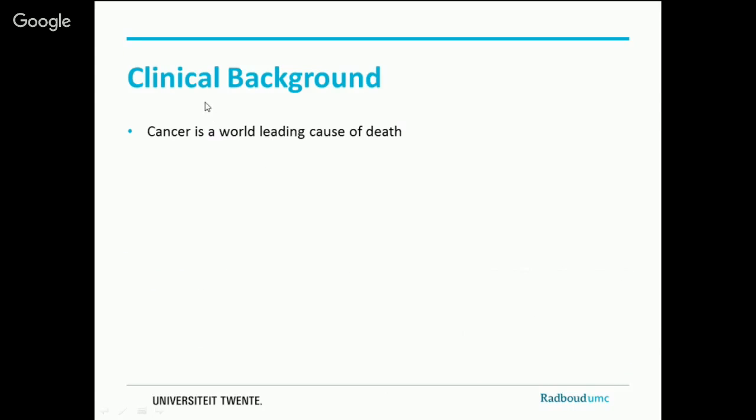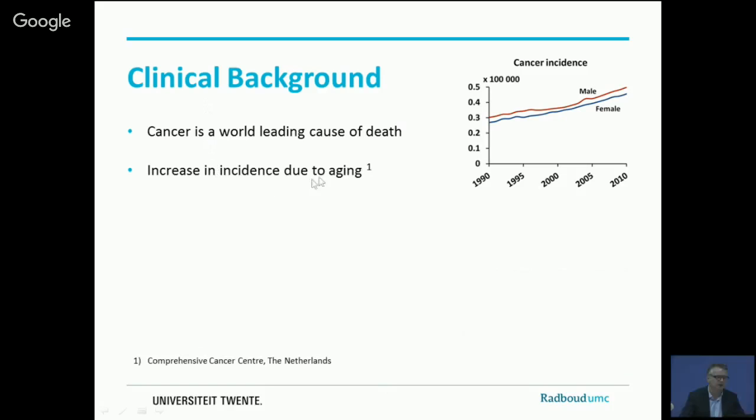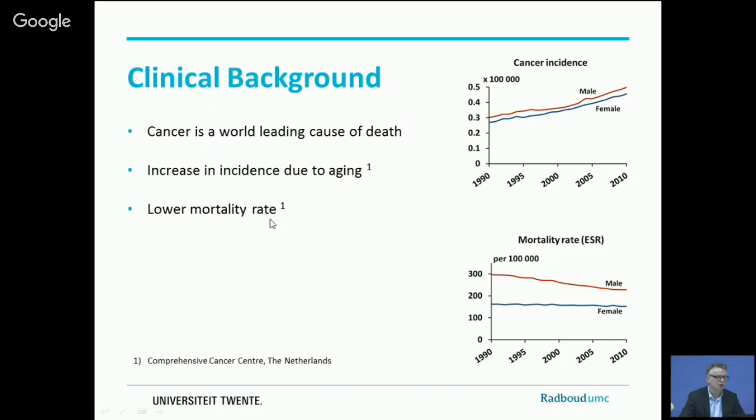The clinical background is that cancer is, of course, a world-leading cause of death. You can see that the number of cancer patients has increased over the last decades. What we also see is that the number of people dying of cancer is actually reducing. So we are more and more able to treat cancer or to keep people alive with cancer.